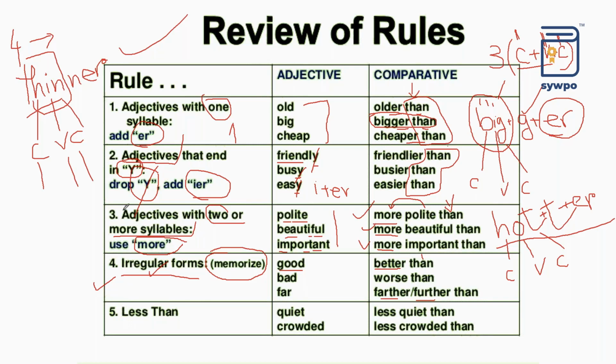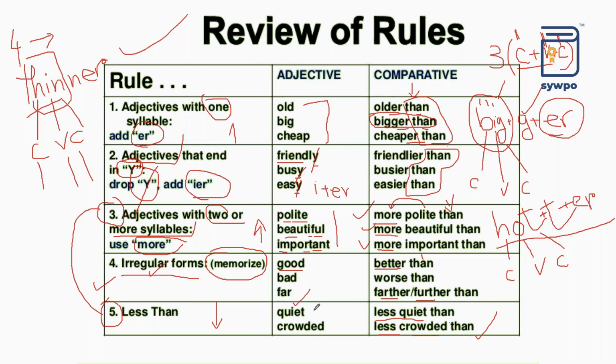Now, just like rule number 3, rule number 5 is the same. The only thing which is different is more. More means you are talking about increased number of something. Less means you are talking about decreased number of something, which doesn't have more. Okay, so you can say quiet is less quiet than. You can say less crowded than.